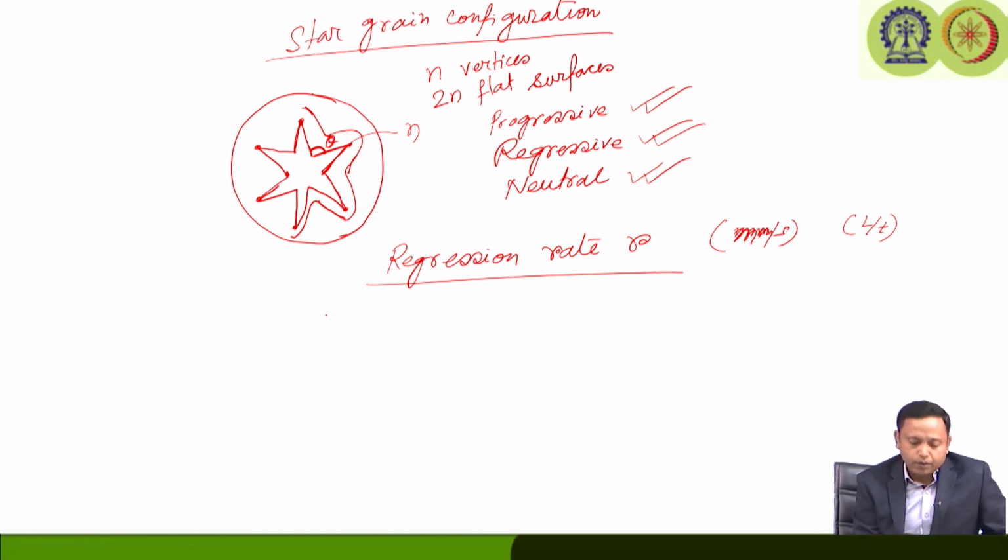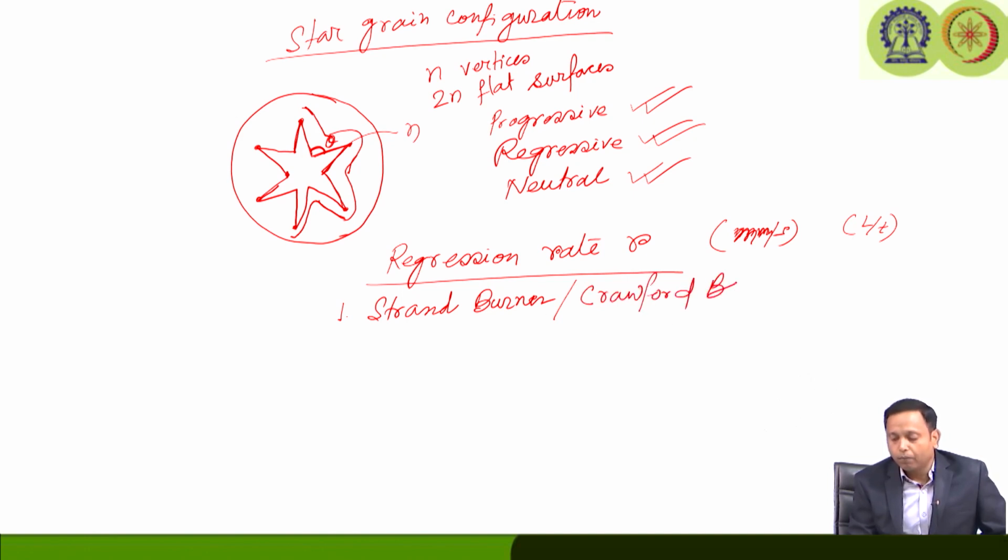So, there are different methods used step by step, like the very initial method is the strand burning experiment or strand burner, sometimes known as the Crawford strand burner or Crawford bomb, where the strand is actually allowed to burn inside a pressurized chamber.